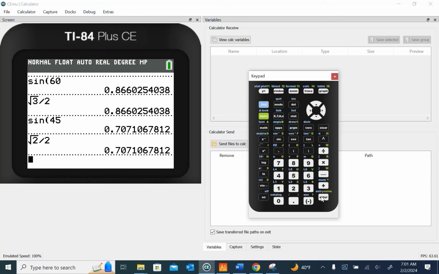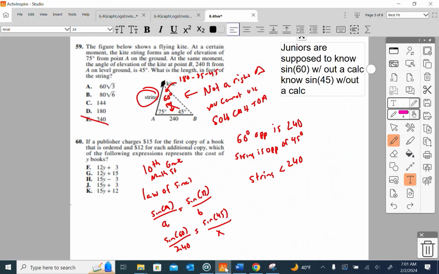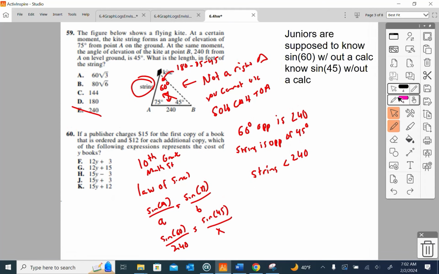Those are the numbers I'm going to use. You can use the decimals if you want. But anyways, I'm just going to plug some stuff in and go with it. So I know sine of 60 is going to be root 3 over 2. You're going to be mad at me because I'm using all these nice numbers. Root 3 over 2 over 240 is equal to root 2 over 2 to x.